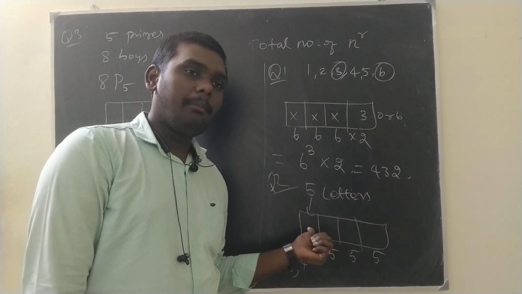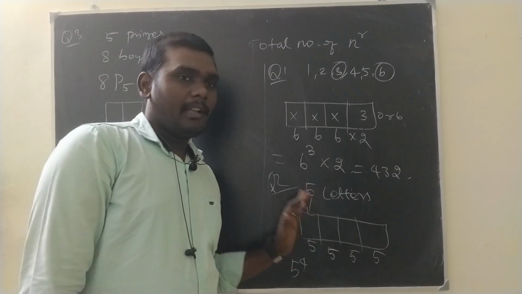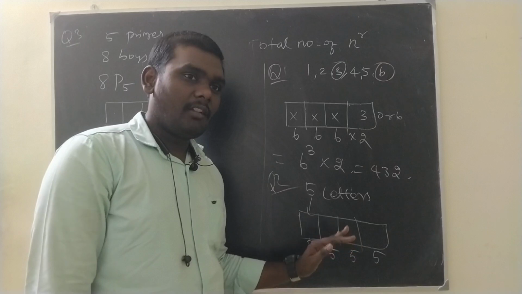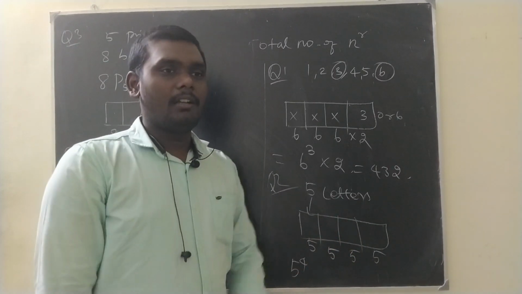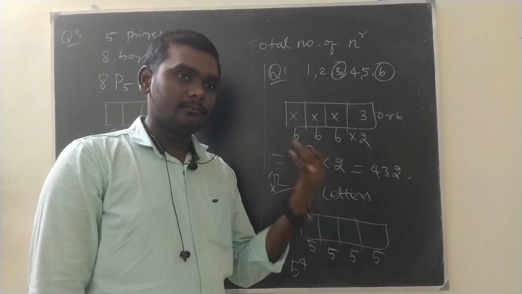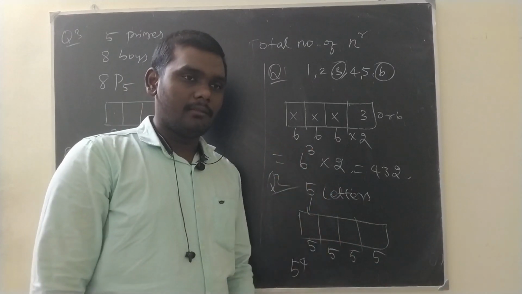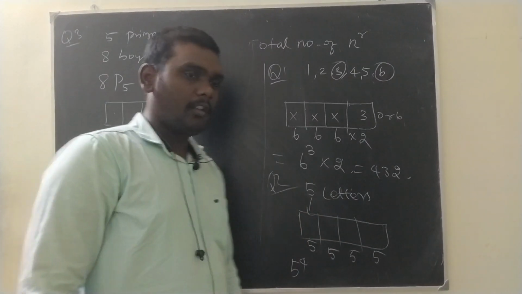Focus here: it may be repeated, may not be repeated. When repetition is allowed, the no-repetition case is also inside. As per the requirement of this question, they gave at least one digit is repeated.